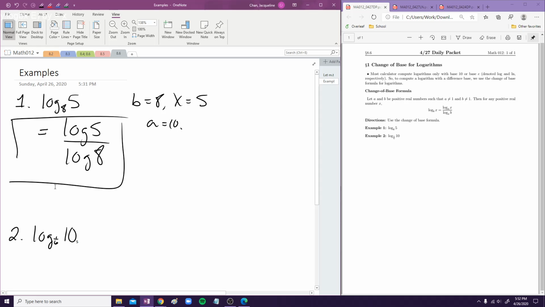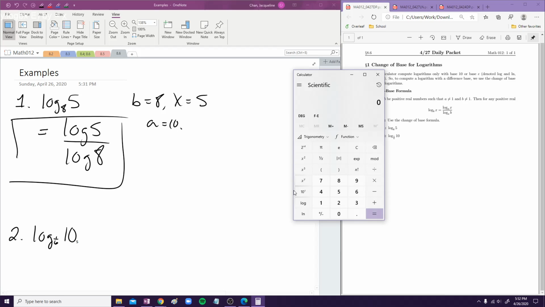So I guess I can pull up a calculator here. So if I had log of 5 divided by log of 8, okay, one second.